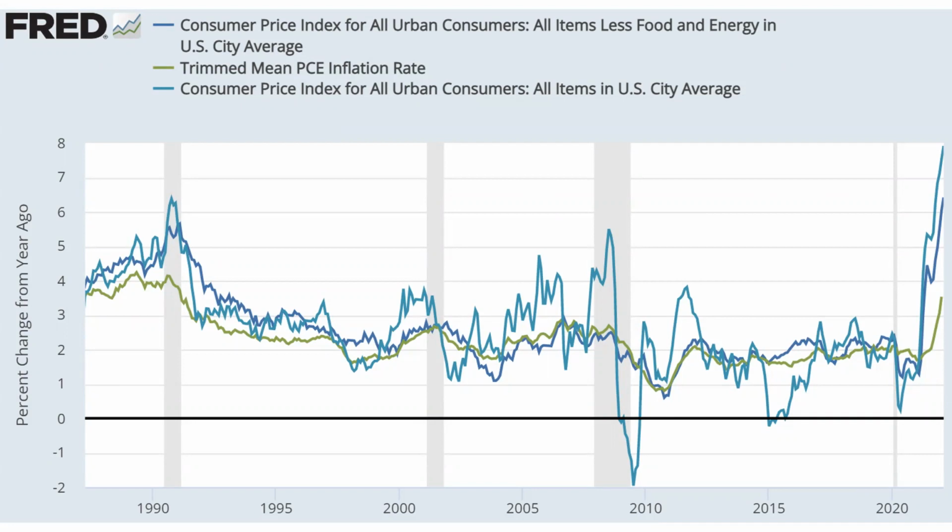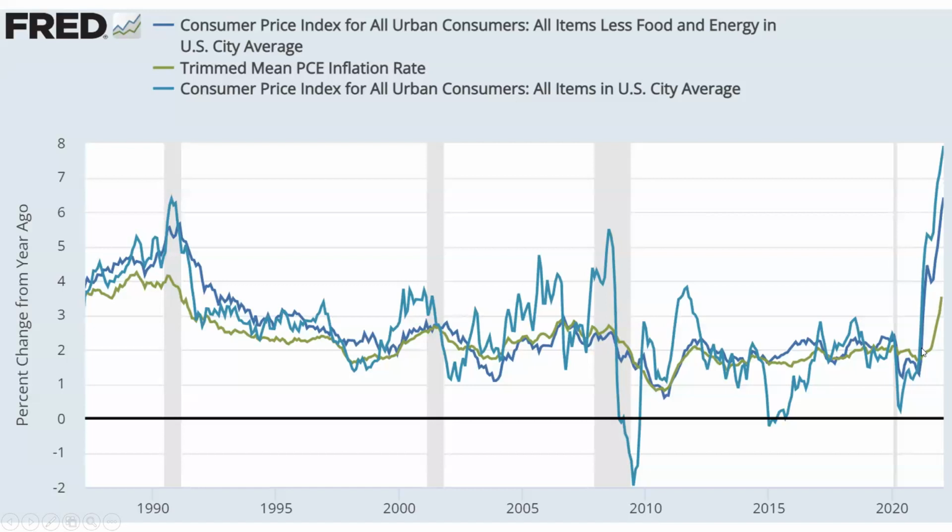The reason I put that there is because Powell last year alluded to the fact that they were looking at other measures of inflation that were averaged and weren't as volatile as potentially the core CPI. He was using that as a way of saying inflation hasn't gotten out of hand because the trimmed mean PCE hasn't really gone anywhere.